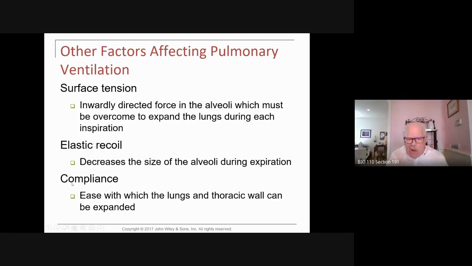If you have pneumonia in your lungs, you can't expand your lungs and you will have decreased compliance. So compliance needs to be high for you to be able to inhale and exhale. Anything that disrupts inhalation or exhalation will decrease your compliance.